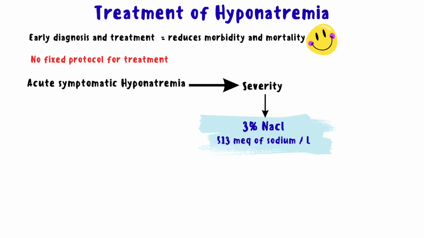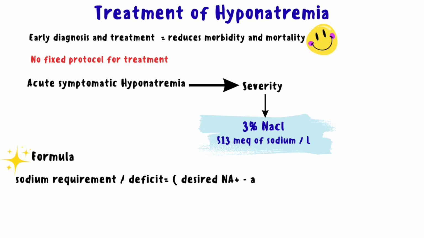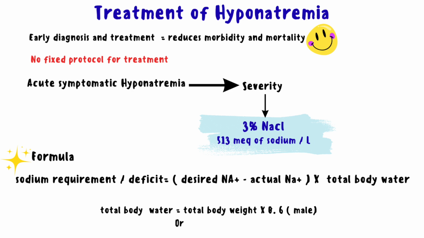The conventional formula for sodium correction is: sodium requirement equals desired sodium minus actual sodium, times total body water, where total body water equals 0.6 times total body weight for adult males and 0.5 times total body weight for females.